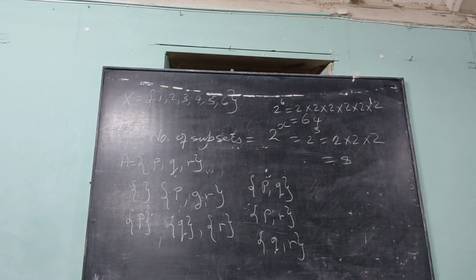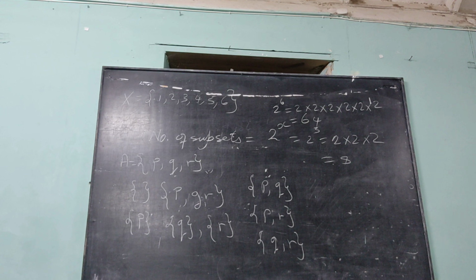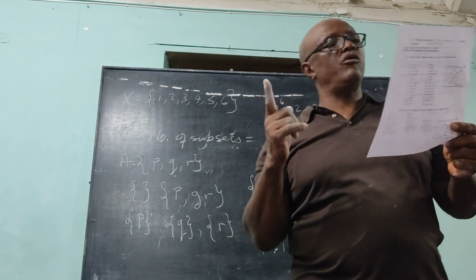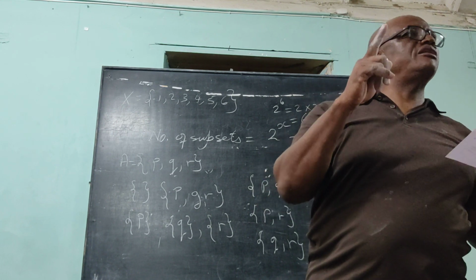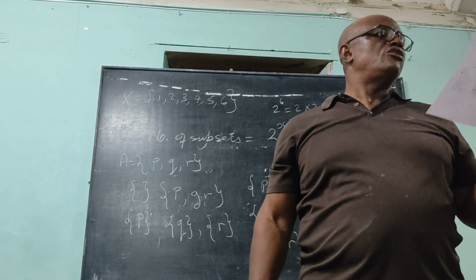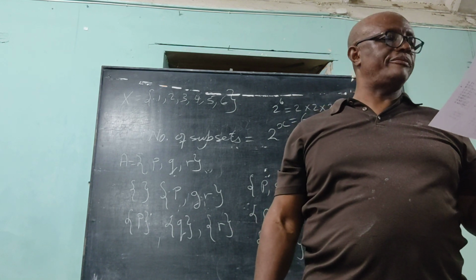Yes, 2 to the 4th power is 16. And D? Right, good. So I told you how many. So now when you go home, you practice finding the subsets by listing them, okay? Give yourself the practice. Now let's go on to number 3.